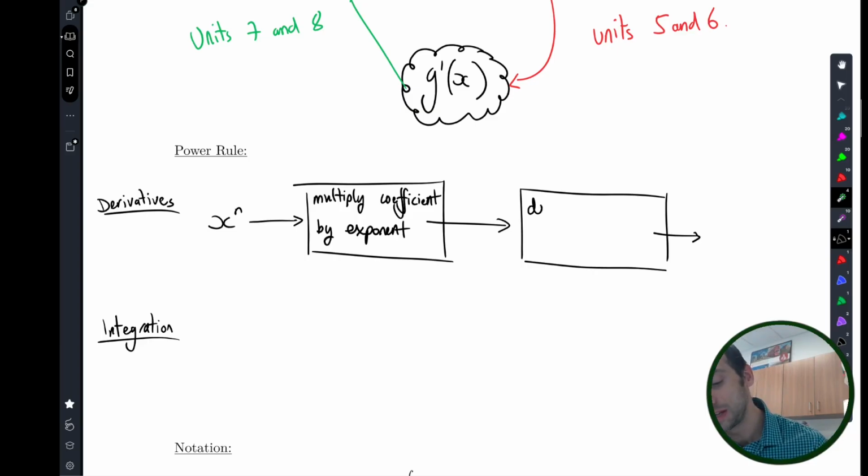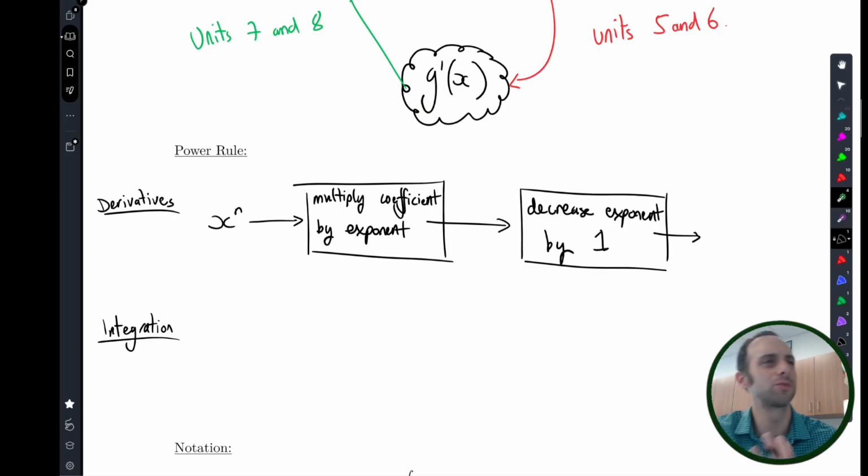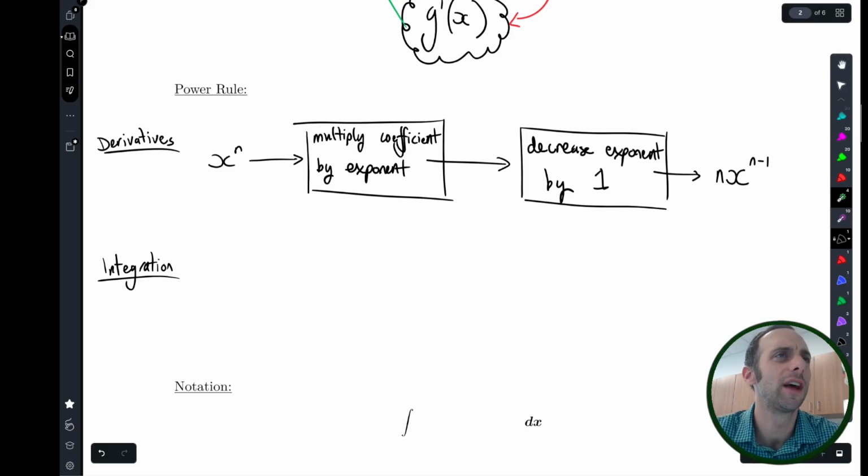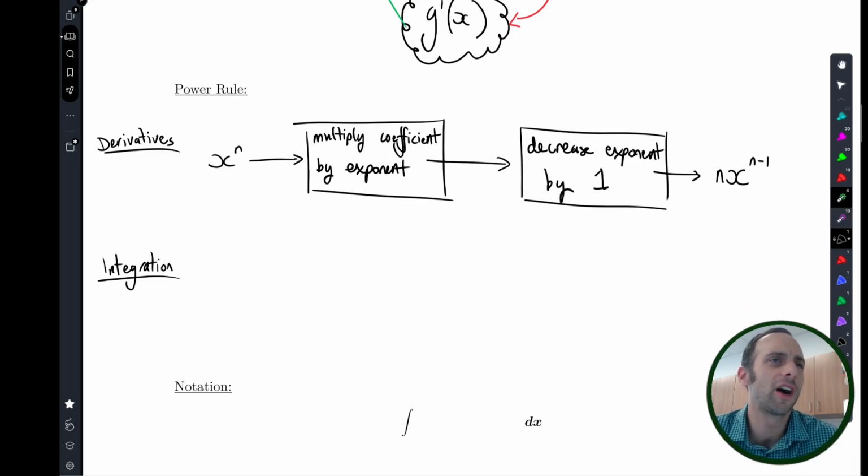And then we decrease the exponent by 1. Okay, so we subtract 1 from the exponent. I like to use the word decrease. You'll see why in a minute. Okay, so if we do this, we will get out of our machine n times x to the n minus 1, and that's our common power rule that's in our formula booklet.